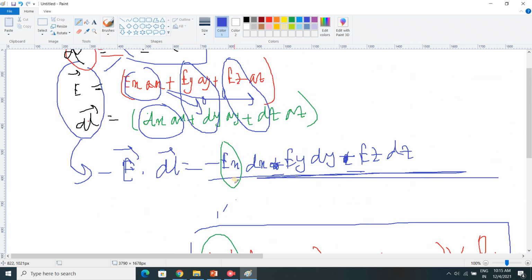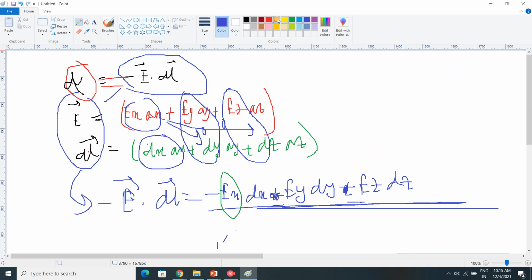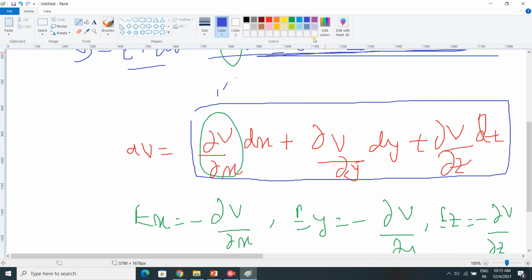Suppose this is equation number 1, this is equation number 2, and the dot product is equation number 3. So equation number 1 represents the vector E, equation number 2 represents the vector dl. What does equation number 3 do? The dot product of E and dl.